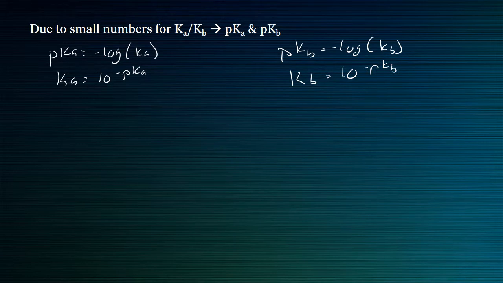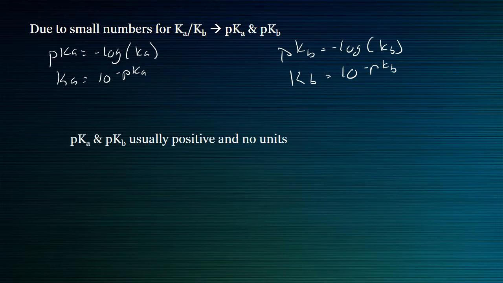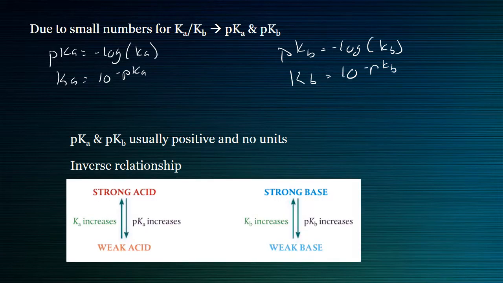Just like with pH and pOH, pKa and pKb are usually positive and they have no units, because they're just representing the extent of dissociation of your acids or bases. They have an inverse relationship. Your pKa increases toward your weak acid, and your Ka increases toward your strong acid.